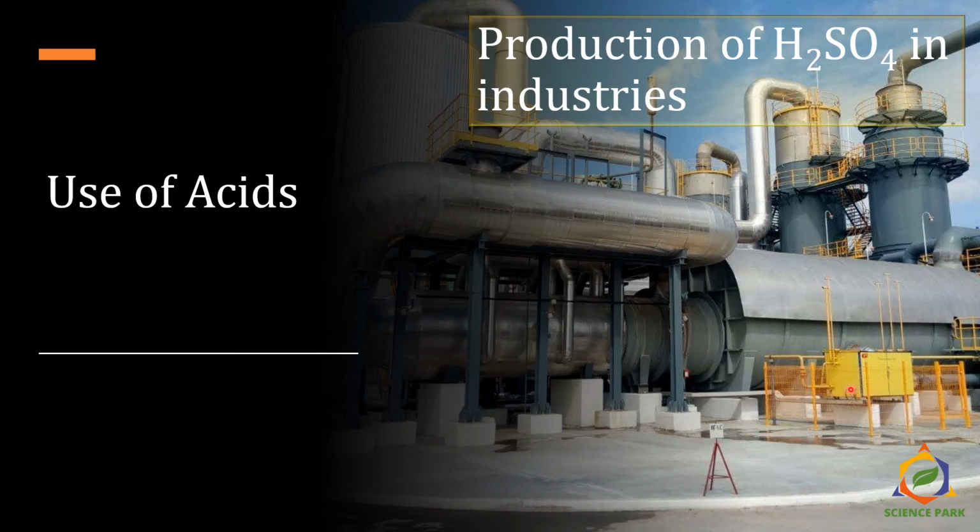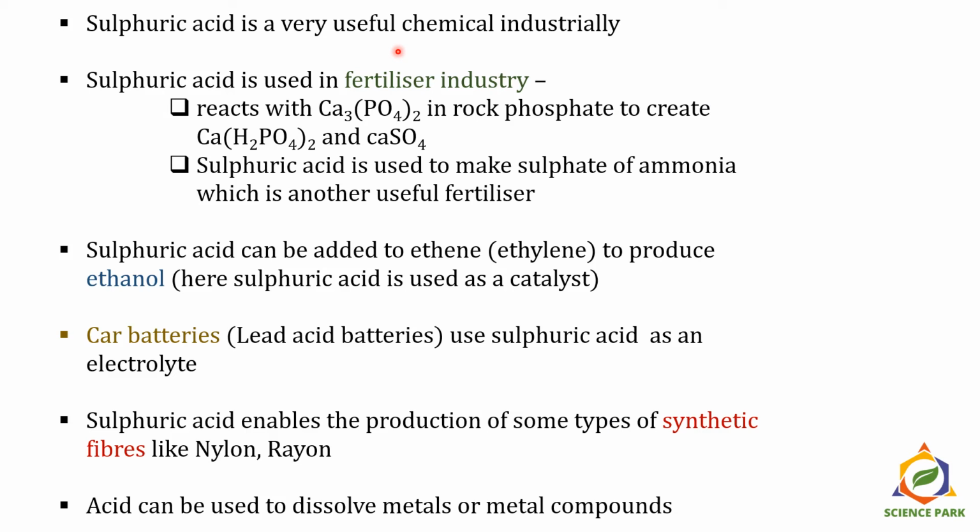Here I have shown you a picture of the production of sulfuric acid, industry of production of sulfuric acid. Now let's see some industrial uses of sulfuric acid. Sulfuric acid is a very useful chemical industrially. Sulfuric acid is used in the fertilizer industry.